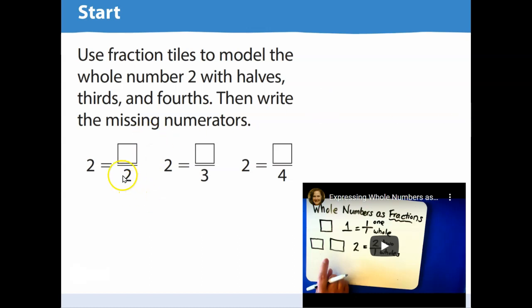on your composition book, draw this for me. So pretend this is two whole numbers, okay? That's one whole and another whole. That's 2. It says that I need to divide into halves, right?